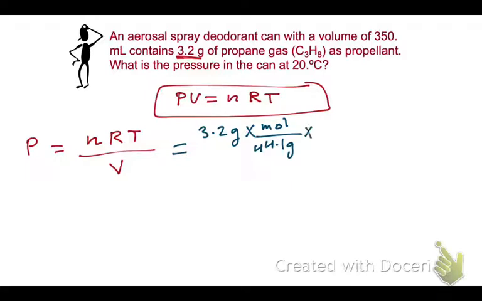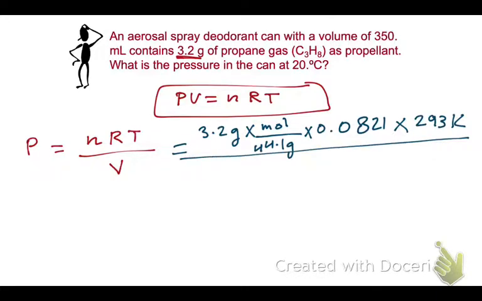Then I'm going to multiply by R, which is 0.0821 for abbreviation, times the temperature. It's 20 degrees Celsius, which when adding 273 is 293 Kelvin. Temperature always has to be in Kelvin in any gas law.